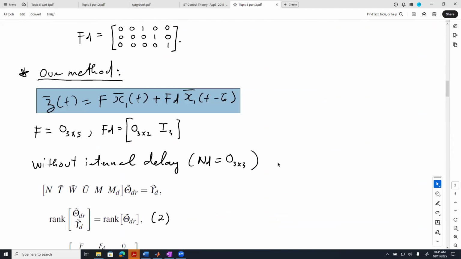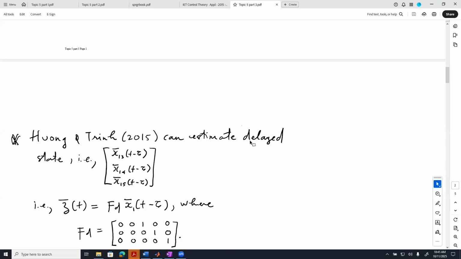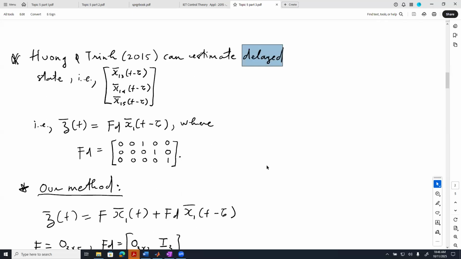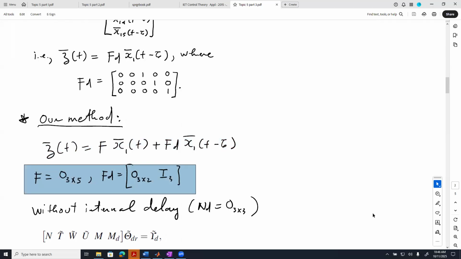Whereas in here, the problem of estimating delay stack is basically a particular case of the generalized functional. And so if we pick the matrices F and FD accordingly, in this case it is picked according to this situation, that would mean that the observer that we want to estimate, which is this generalized functional, estimates the delay unmeasurable stack variables directly.